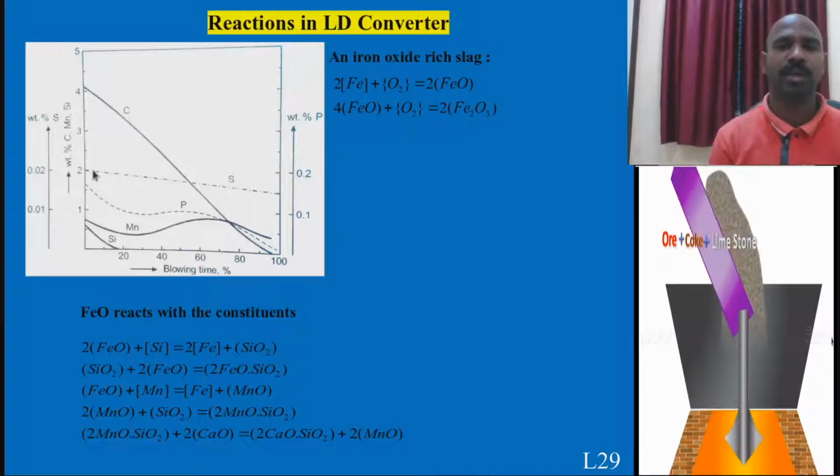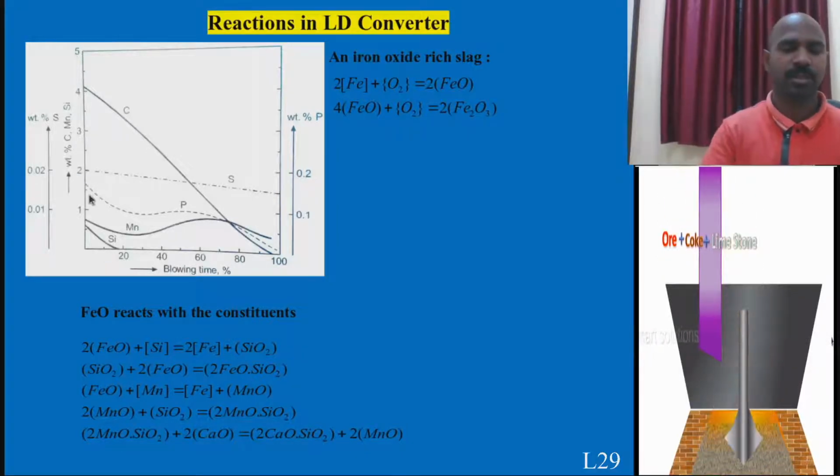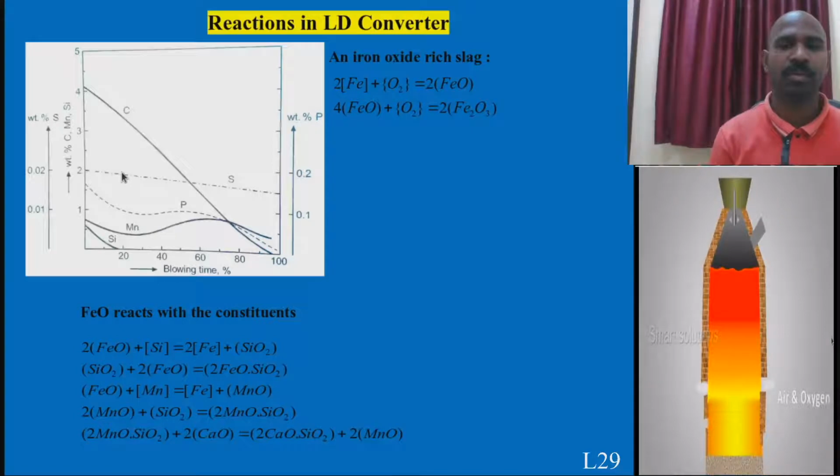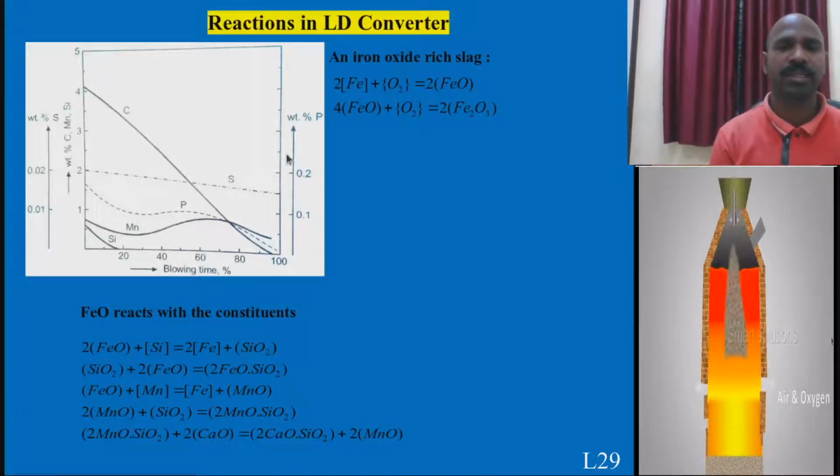And coming to the sulfur, initially at 10 minutes the sulfur is at around 2%, 0.02% sulfur. This is the axis for the sulfur, whereas this is for the phosphorus. After 100 minutes it is largely reduced to 0.025.